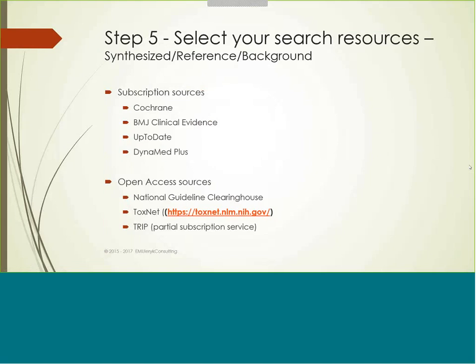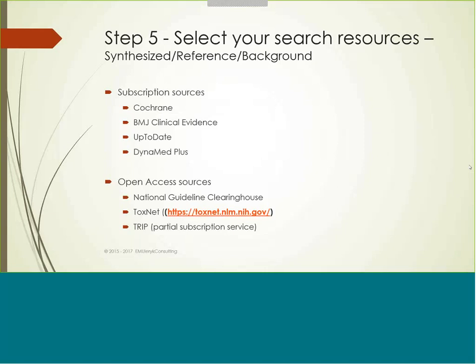So in step 5, we're looking to select our resources. What are the best resources for us? Well, when it comes to subscription versus open access sources, most of you are in large institutions, and you probably have subscription access to the first 4 that are on this page. So Cochrane, BMJ Clinical Evidence, UpToDate, Dynamed.